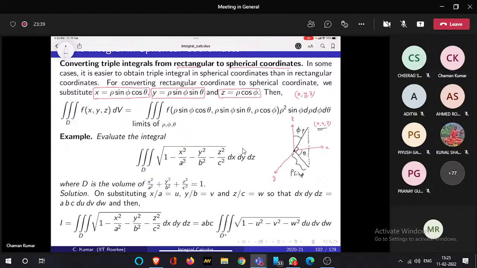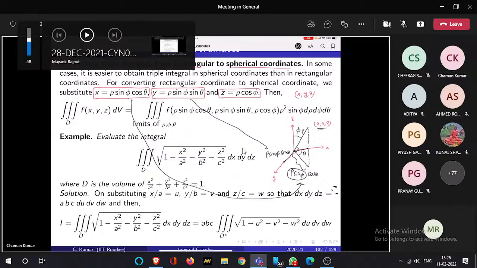Once you have the length of this projection, you can find the length of the x component by multiplying this by cos theta, and the length of y by multiplying this by sin theta. So you get rho sin phi sin theta, that gives you y, and x is this quantity.